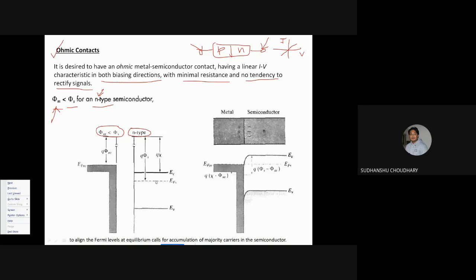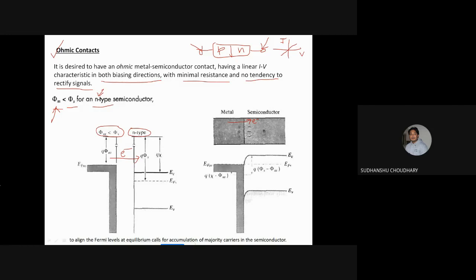Okay. Because the Fermi level on the semiconductor side is at a lower energy than the Fermi level on the metal side. And below this Fermi level, all the states are filled with electrons in the metal. So the average energy of the electron on the metal side is larger than on the semiconductor side. Because of this, the electrons from the metal side will start moving into the semiconductor side.